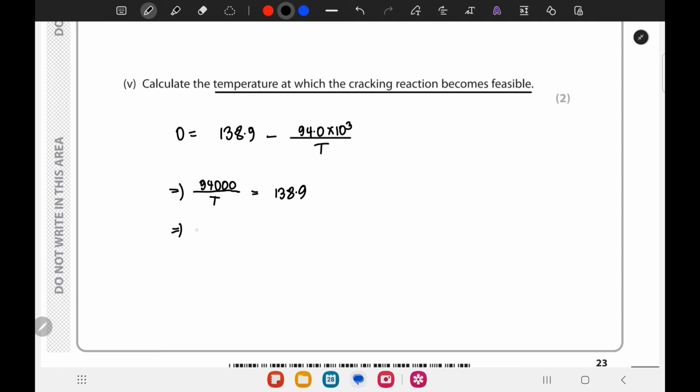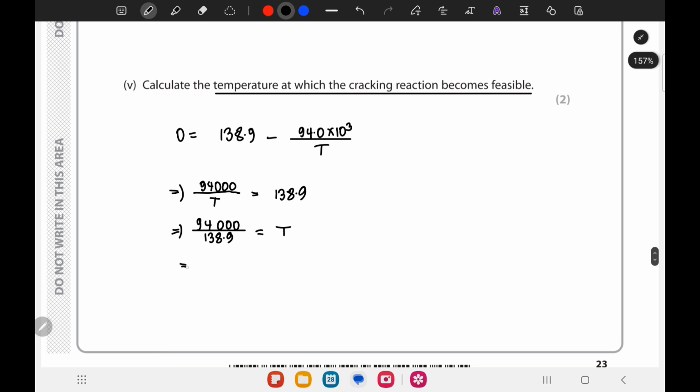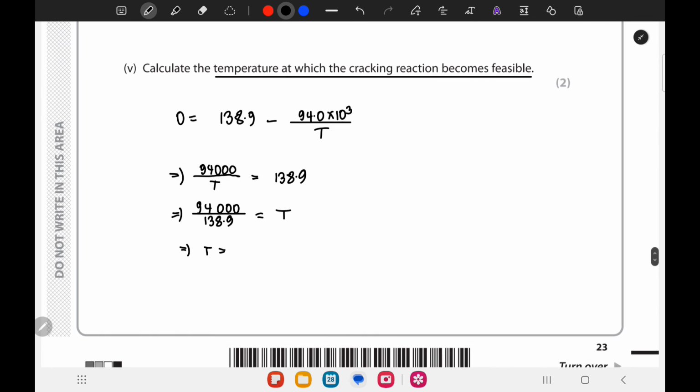From here, I can make T the subject. By moving it to the right, I'll have 94,000 divided by 138.9 equals the temperature. This temperature comes out to be 676.7 Kelvin.